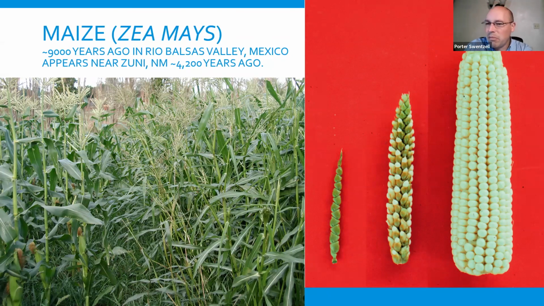Somewhere between 9,000 and 10,000 years ago, the dates keep shifting a little bit longer back in time, but we could say for sure around 9,000 years ago, there was the domestication of this tropical grass known as teosinte, which you can see in the image on the right-hand side.